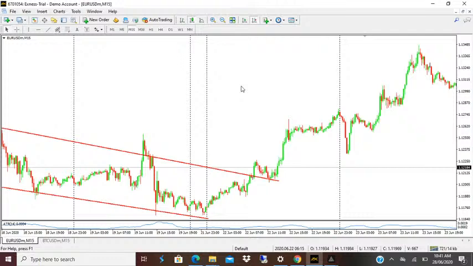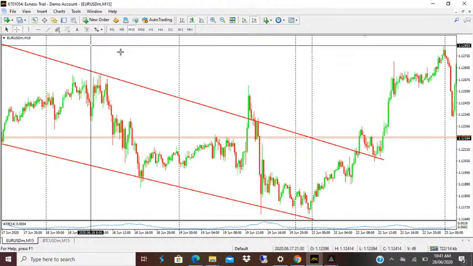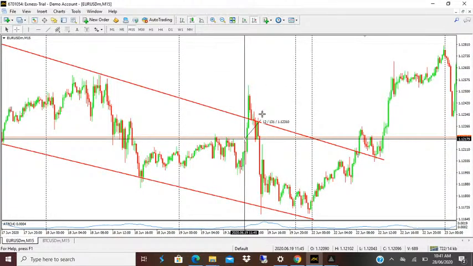I would say sometimes they go to a 25 pip extension above or below, and they stop out traders, and then they continue going in that direction. So overall the trend was a downtrend, a down channel, sorry.